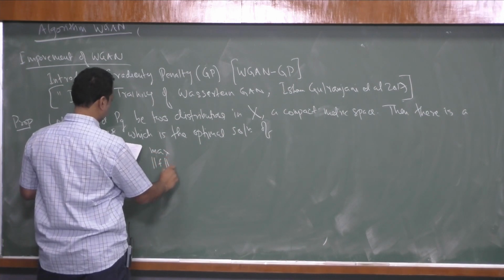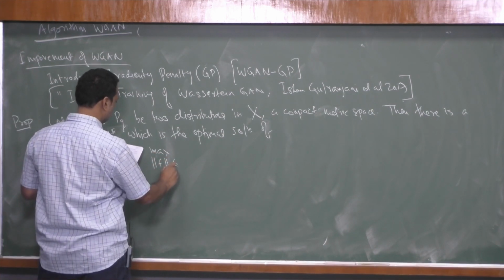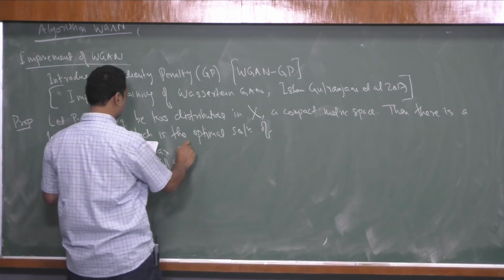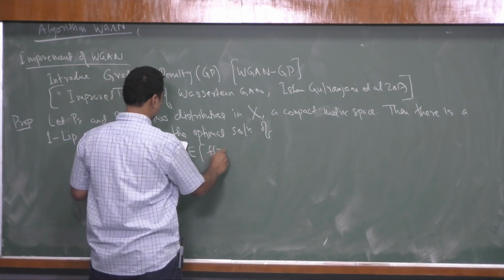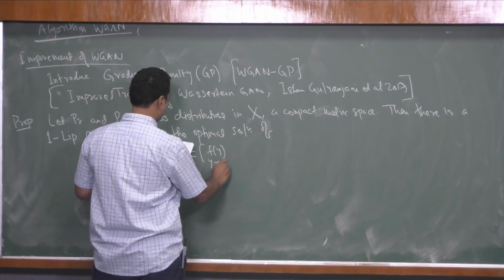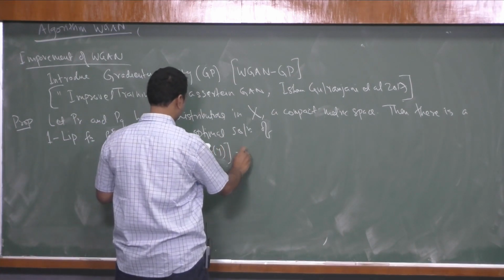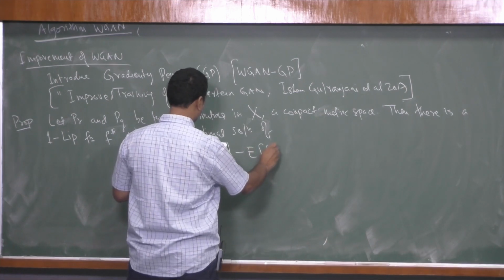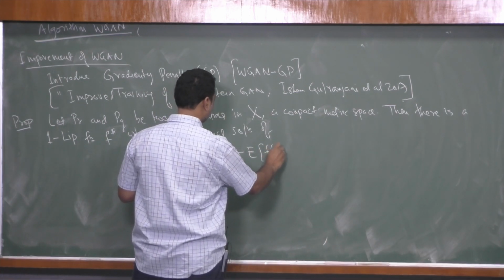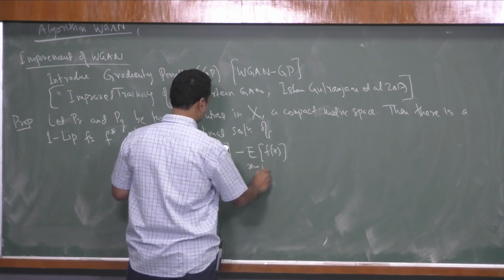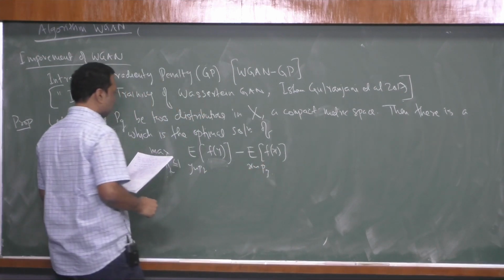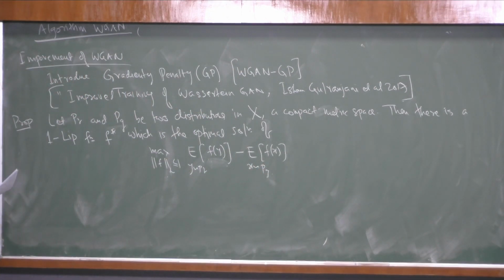So max over 1-Lipschitz f of the expectation of f(y), y from P_r, minus the expectation of f(x), x from P_g. So yes, there exists a 1-Lipschitz function f star, which is the optimal solution of this.